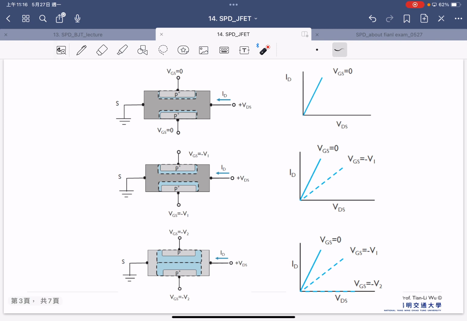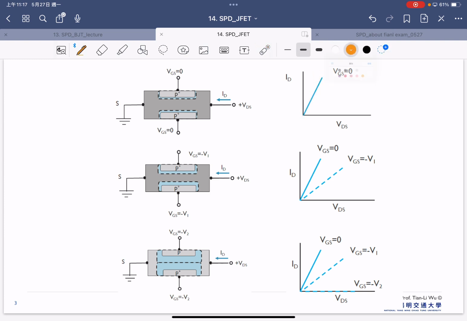So in the case of PN JFET, we still have very similar characteristics to the MOSFET. In the beginning, we have VGS equal to 0 volt, because right now the channel is already there, the substrate is N-type.